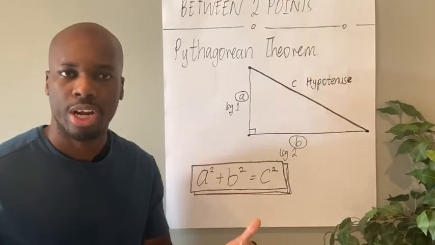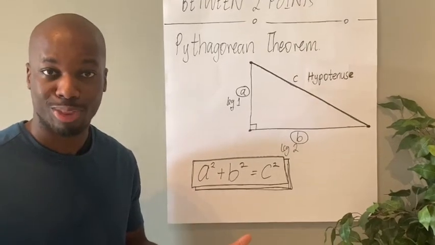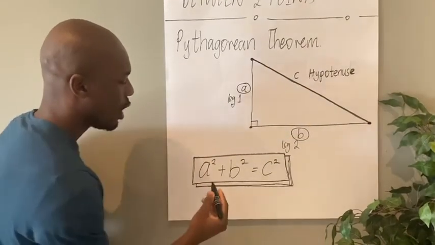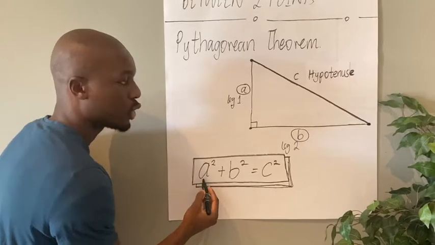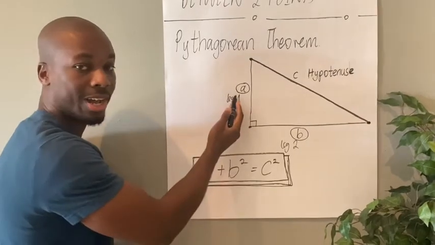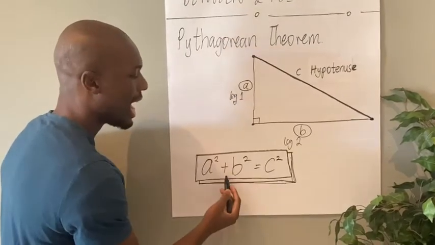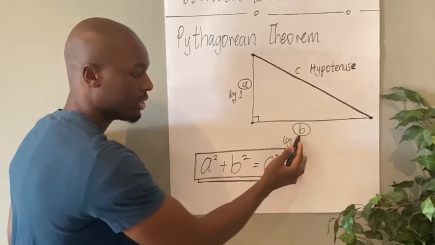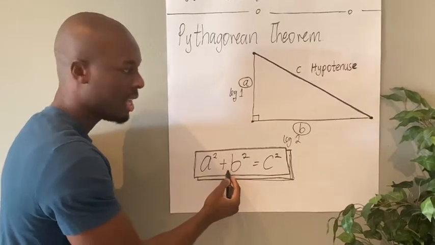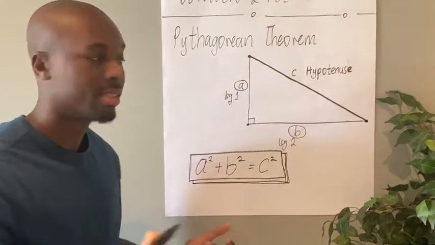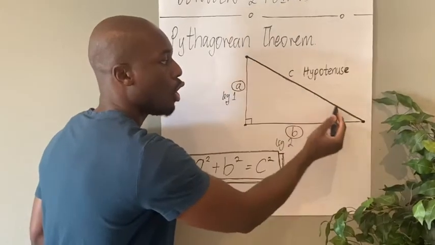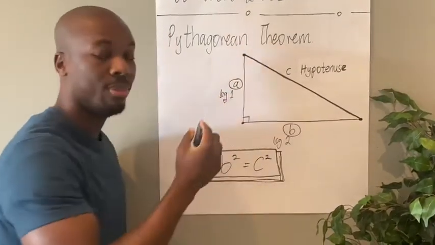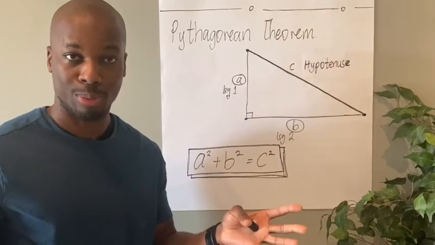So in summary, if we find the square of the first leg and add it to the square of the second leg, that is going to give us the square of the length that we're talking about.